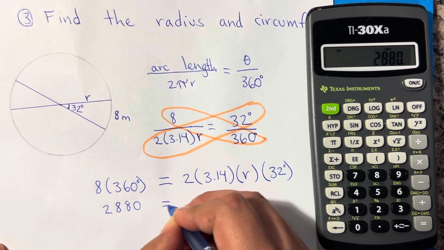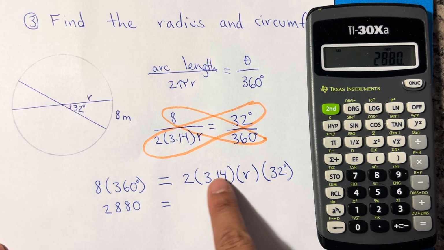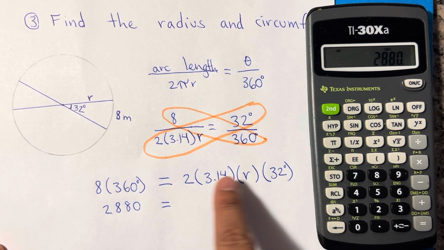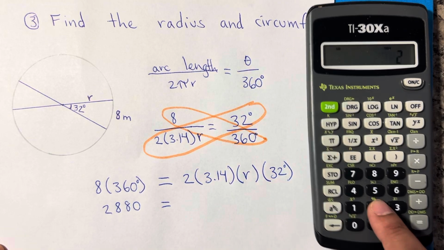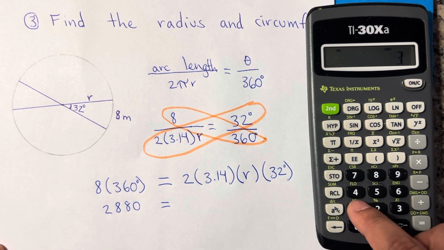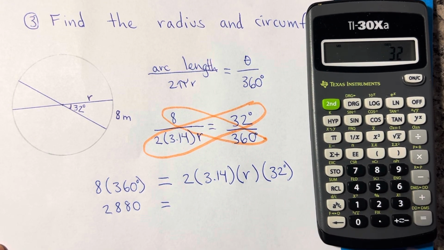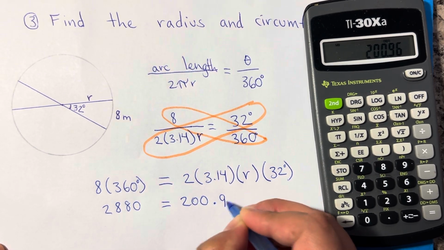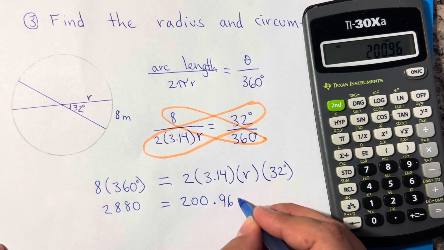2880, which is equal to, in here it doesn't matter, you can use the commutative property and associative property to associate this first. So 2 times 3.14 times 32 is 200.96, and bring down the r.